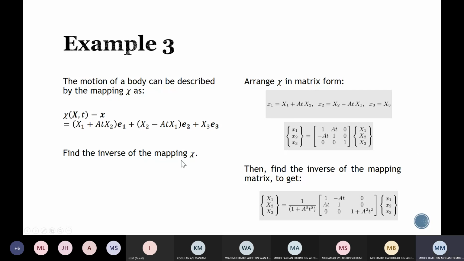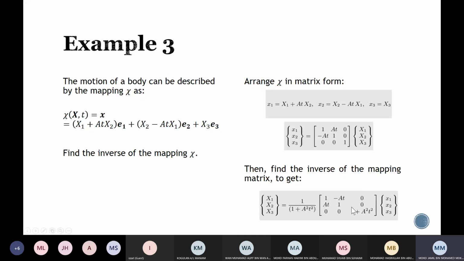Now your equation gives you small x1, small x2, and small x3, but you want to find big X1, big X2, and big X3. So you have to invert this matrix, bring it to the other side. To invert this matrix, you have to use the inverse of matrix formula. Okay, so you can try this later, how to inverse the matrix.